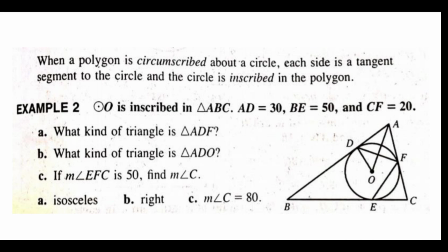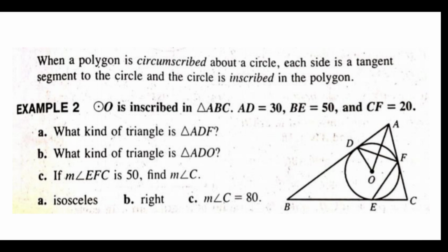When it is perpendicular, it creates a right angle. So, what kind of triangle is triangle ADO? It is a right triangle. Why? A right triangle is a triangle in which one angle is a right angle.